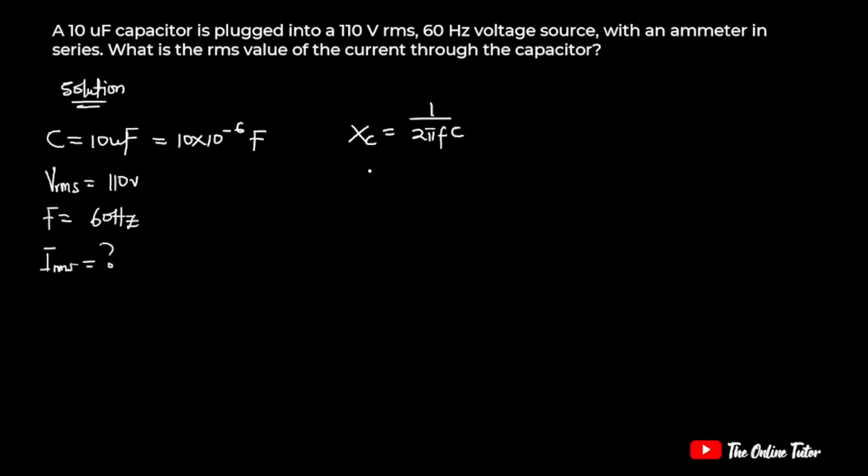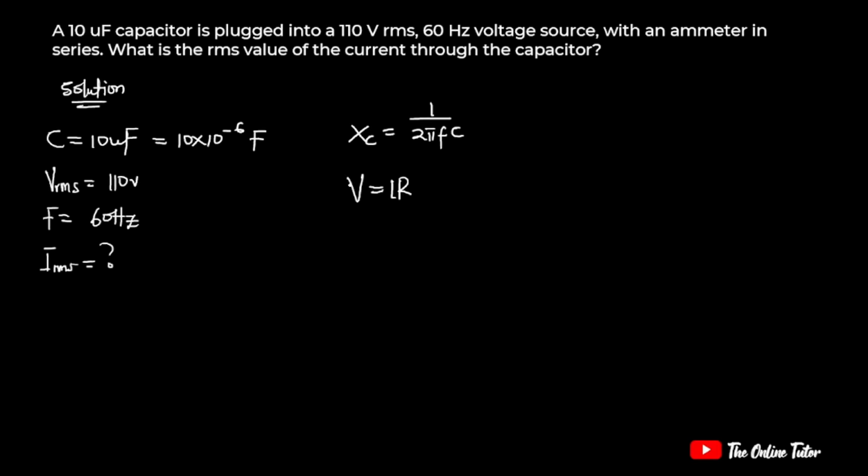Now for us to be able to find the root mean square current, we need to write the formula. So we know Ohm's law, V is equal to IR, when we are dealing with direct current.